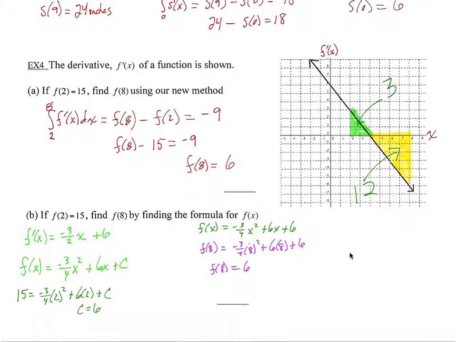Before I go though, I just want to point out it is a coincidence that the value of C and the value of f of 8 are identical. The reason for that, if you were to graph this function that we just figured out, the function looks like this. It's a parabola.